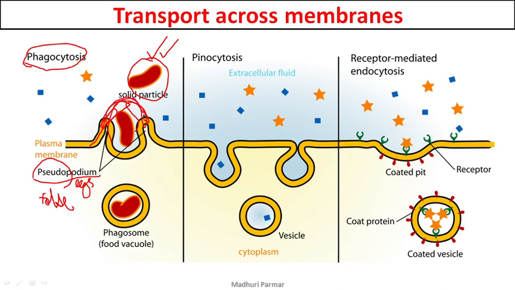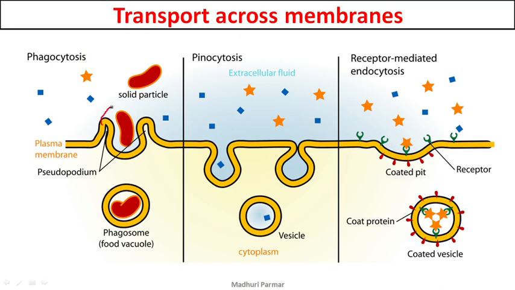So this here is called a vesicle, fine? Once the pseudopodia meet and form this kind of spherical structure, that is called a vesicle, and this vesicle will move inside and form a phagosome. So this is phagocytosis, where there is some solid particle. In pinocytosis, you take up extracellular fluid.